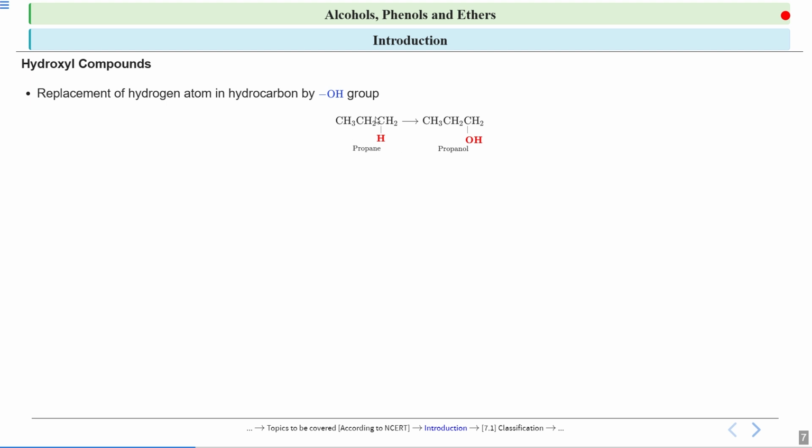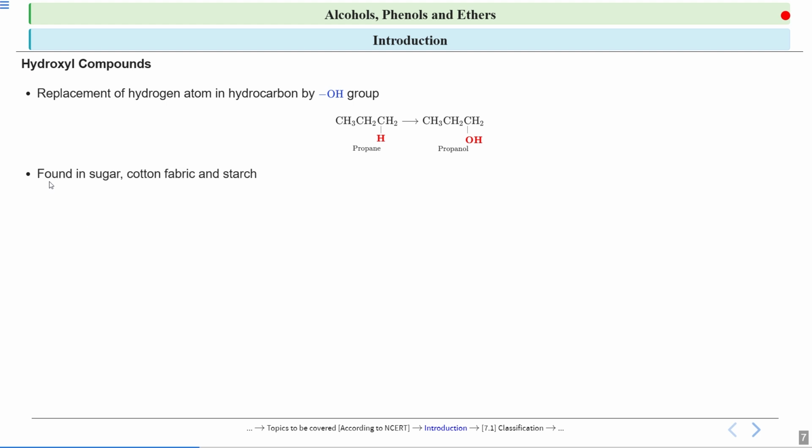In this conversion, propane, a 3 carbon chain CH3CH2CH3, has one of its hydrogens replaced by the hydroxyl group, and you get propanol. This is propanol, a 3 carbon compound containing a hydroxyl group.